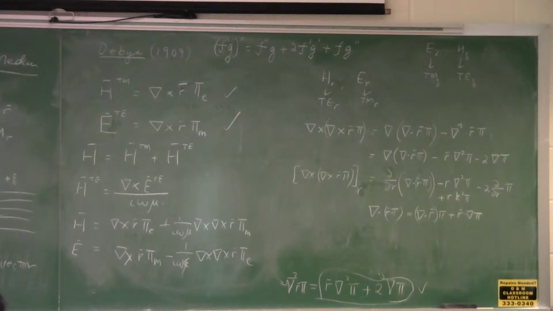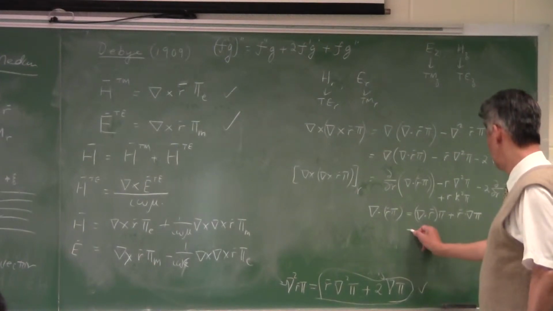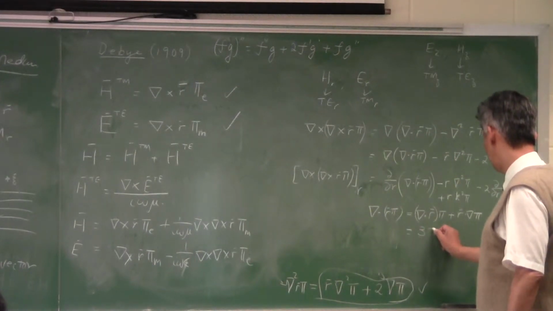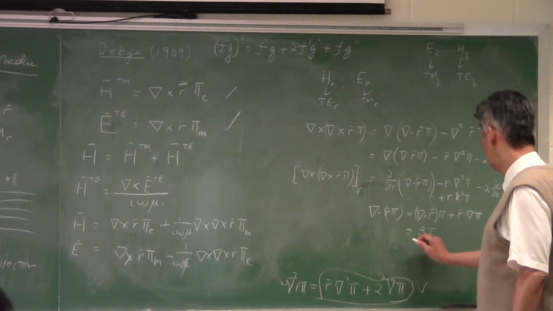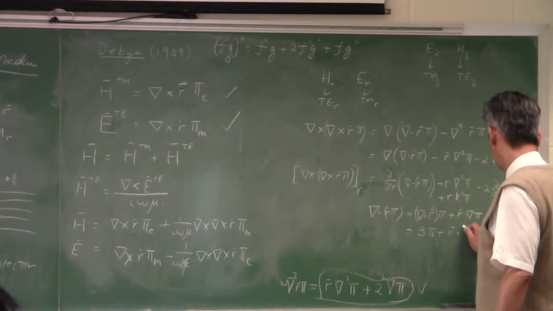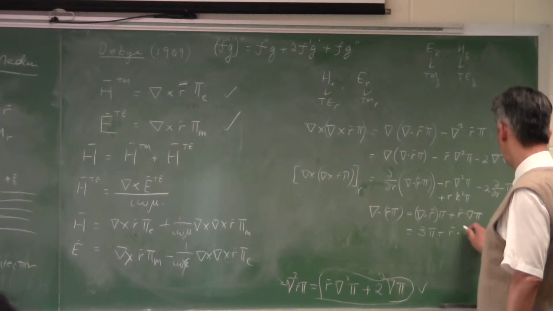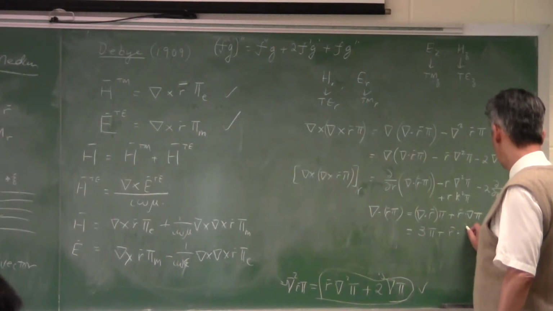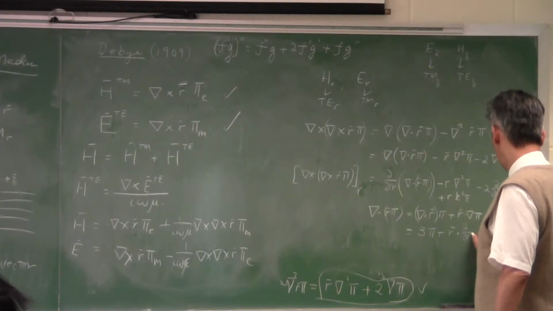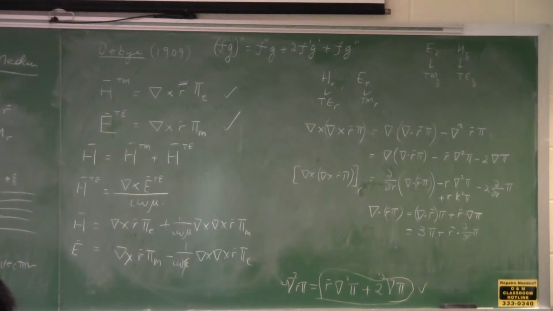Okay, looks like 3 to me. So it should be 3, right? 3 pi plus r gradient of pi should be equal to that. Okay? So that should be true.